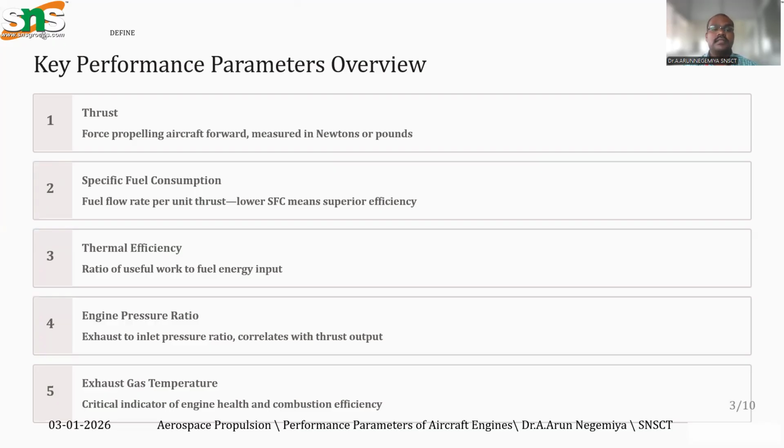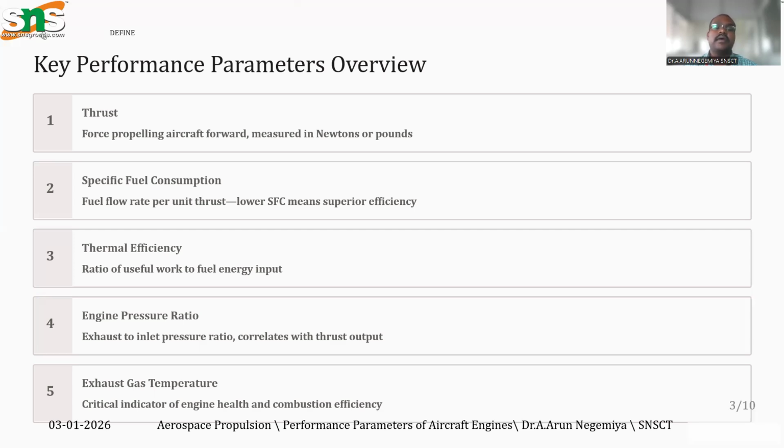Next one is the specific fuel consumption. It can be calculated as the ratio of fuel flow to unit thrust. Next one is thermal efficiency. It can be calculated from the work done by the fuel energy during the inlet. Next one is engine pressure ratio.